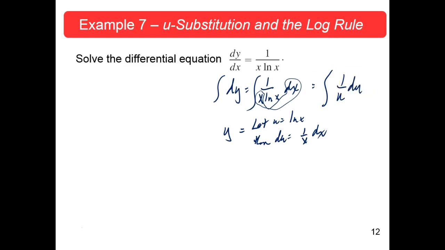And what's the antiderivative of that? Almost feels like we're running in circles, doesn't it? It's log absolute value u. Okay? Now, guess what? We go back and plug in, and so we have y is equal to log of, what was your u?